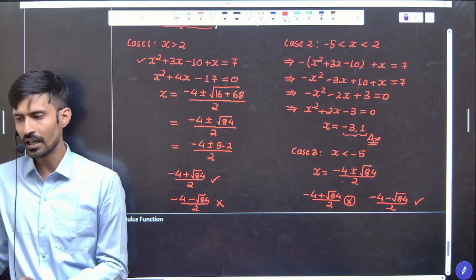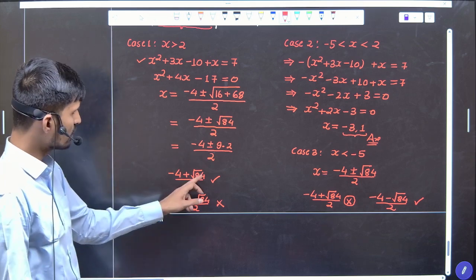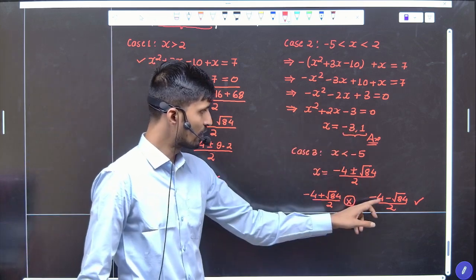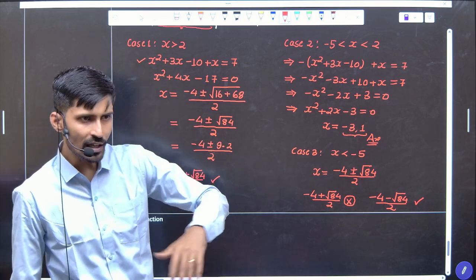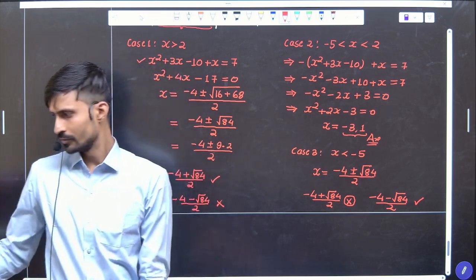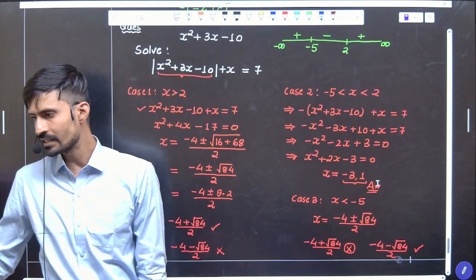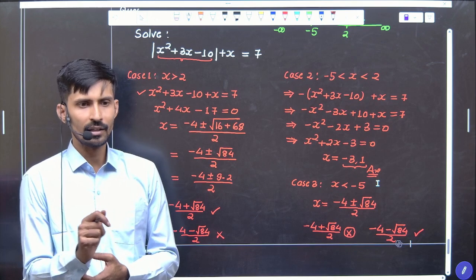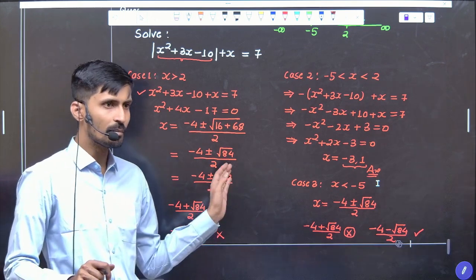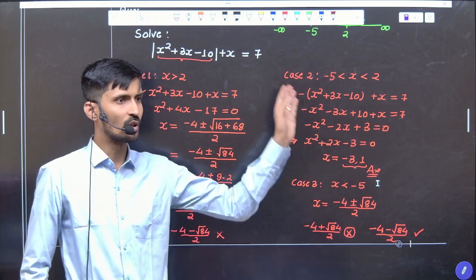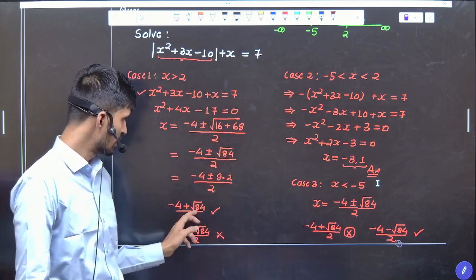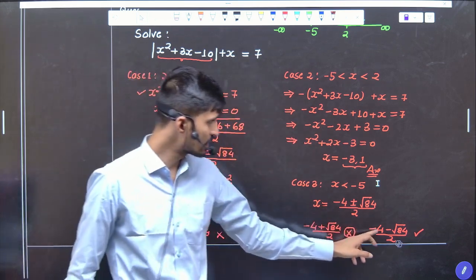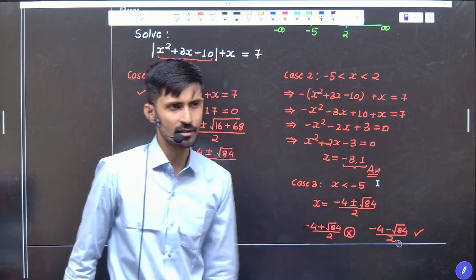So we got total how many answers here? 1, 2, 3, 4. So instead of asking to find x, they will ask you to find the sum of solutions of this equation. So this plus this plus this plus this, they are asking.